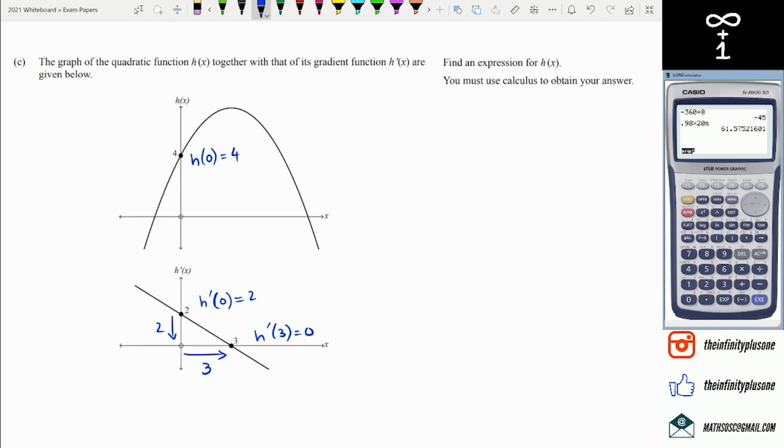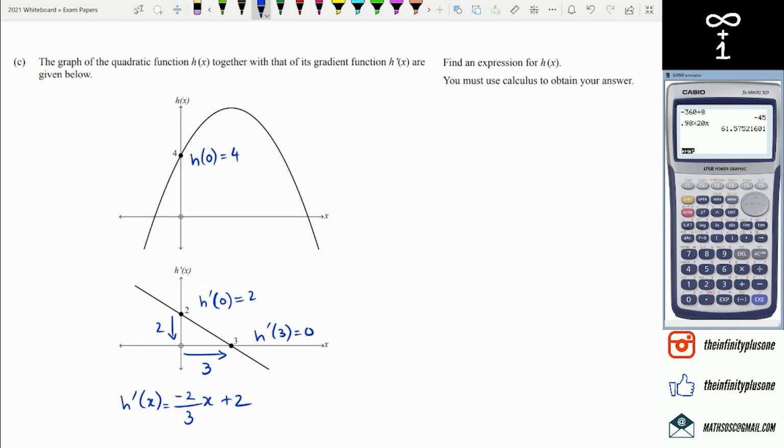So we can straight away write the gradient function. It is going to be negative, rise over run, x. That's h dash of x equals the gradient times x, plus 2 as the y-intercept, so there's my equation right there.